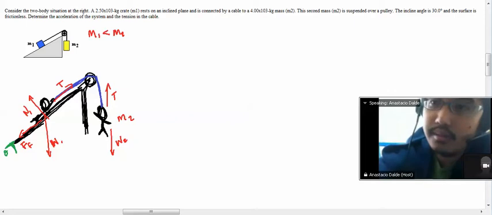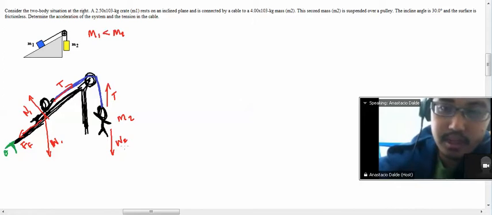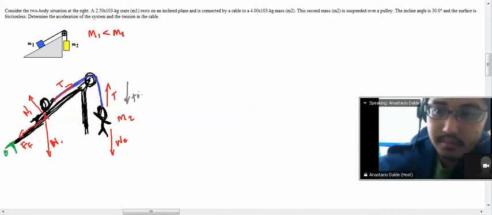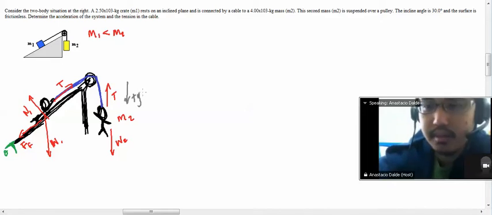Now we're going to do something funky with the coordinate system here. For the coordinate system of M2, why don't we start off with that guy? That guy's the easiest kind of coordinate system to deal with. What does the coordinate system look like? Yeah, there we go. Positive y direction going that way. Now, for the coordinate system of M1, how do you want to call that one?